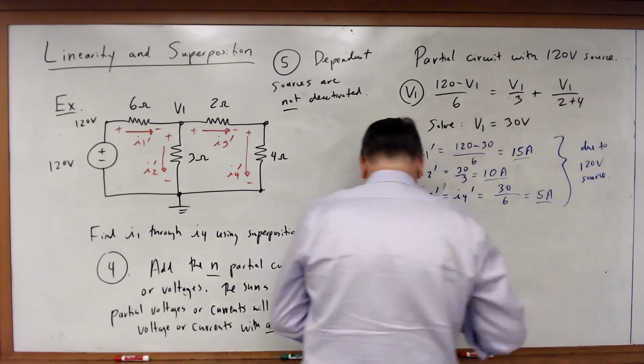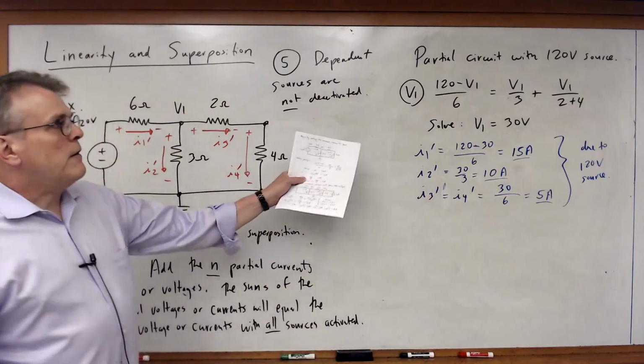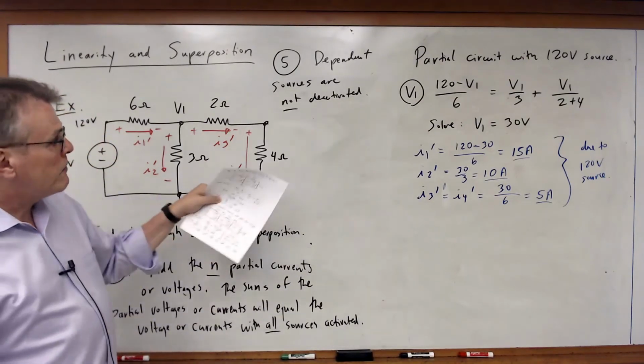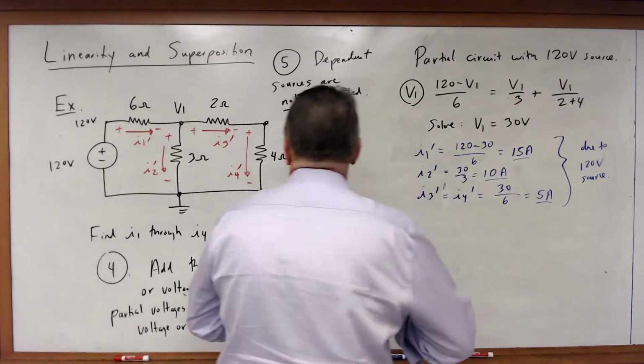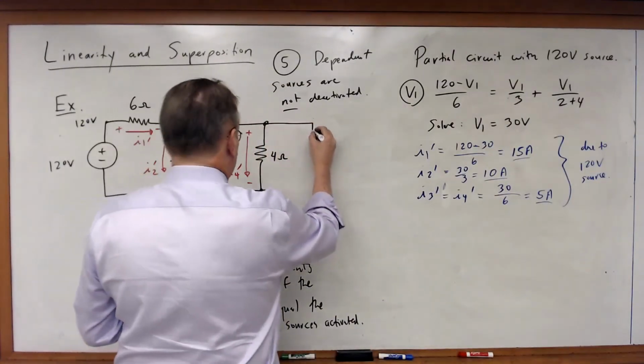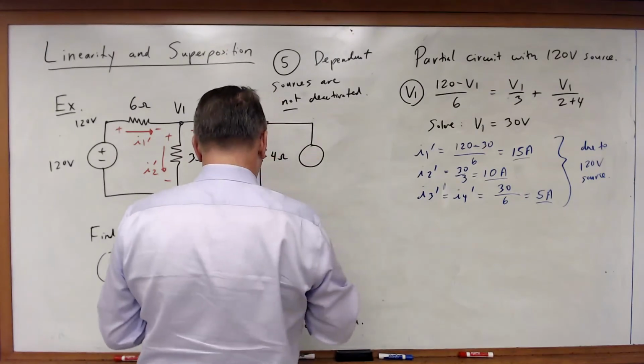All right. Now let's do the partial circuit with the 12 amp source. So I'm going to put my 12 amp source back.